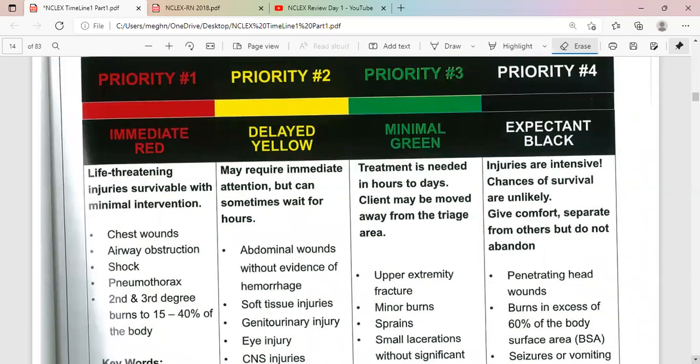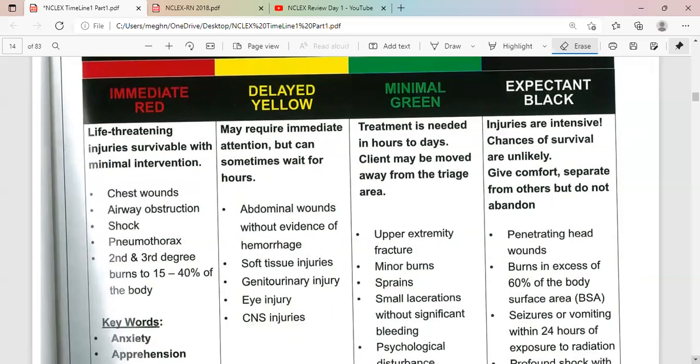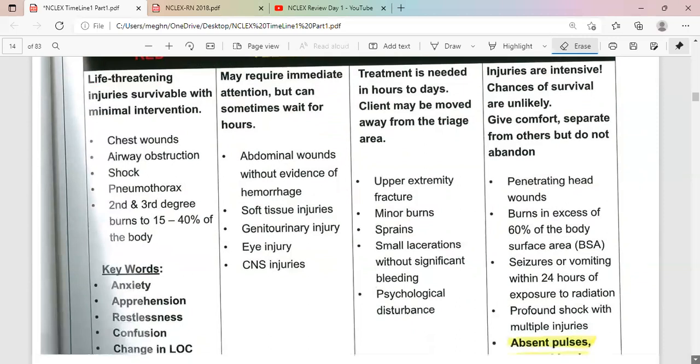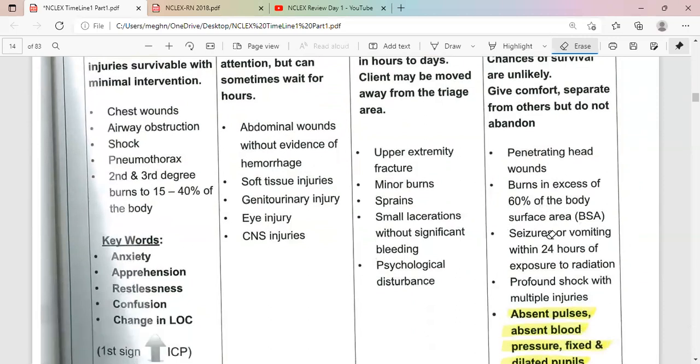So who is expected to die, priority four or black? Like penetrating head injuries or wounds, burns in excess of 60% of body surface area, or involuntary movement, seizure, vomiting within 24 hours of exposure to radiation, or head injuries, profound shock with multiple injuries.